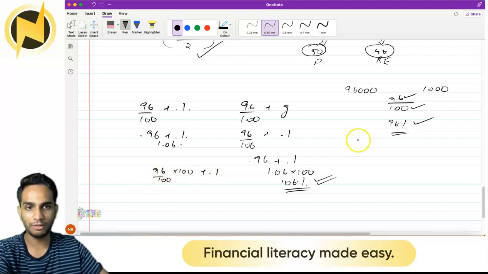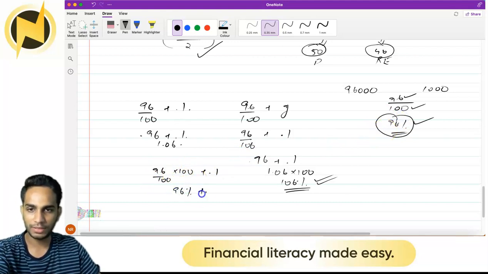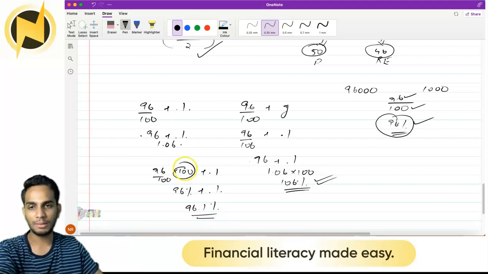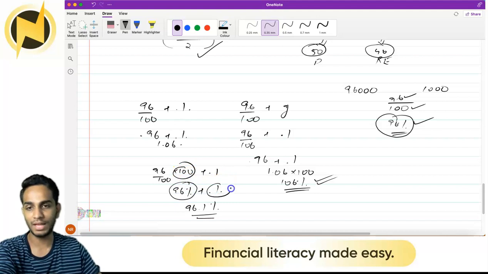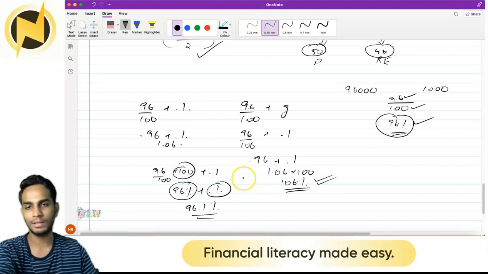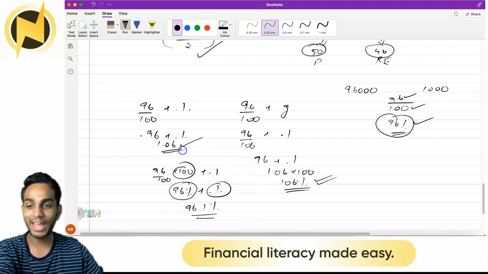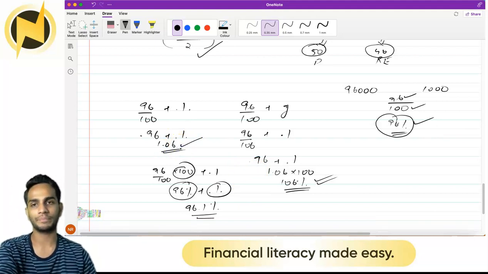They'll find out 96% and with that add 0.1, getting 96.1%. So they multiply this 100 inside the formula, the percentage is established, and with that they add 0.1. No, don't do that. You do all the calculations, find the last value, and then convert it into a percentage.